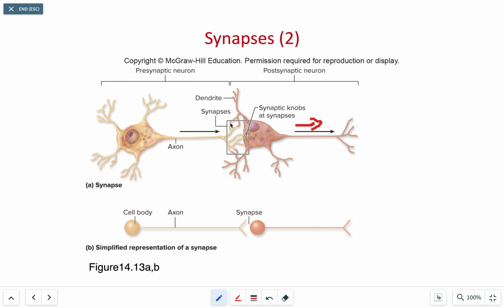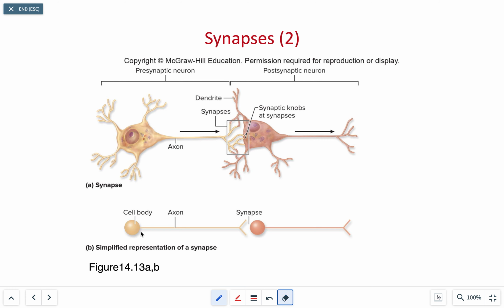So once the synapse occurs in the synaptic knob of the presynaptic neuron, it will send the nerve impulse through the dendrites, processed by the cell body, and then it will send the nerve impulse away from the original synapse.